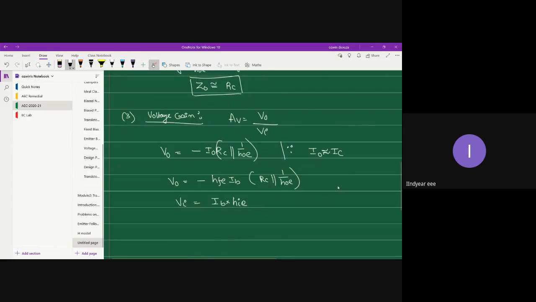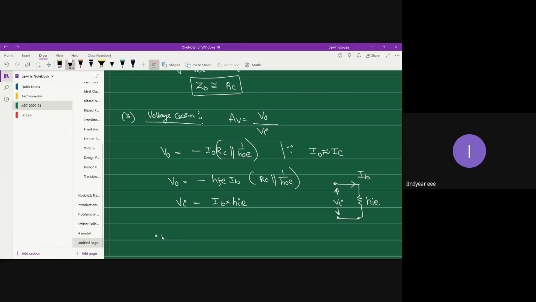Let me draw the equivalent circuit, because I don't want to take II current, since I will not have any ratio between II and IB. That's the reason. So this is my HIE, this is my VI, and we know that through HIE the current IB flows. On that basis, I have taken VI equal to current into resistance.